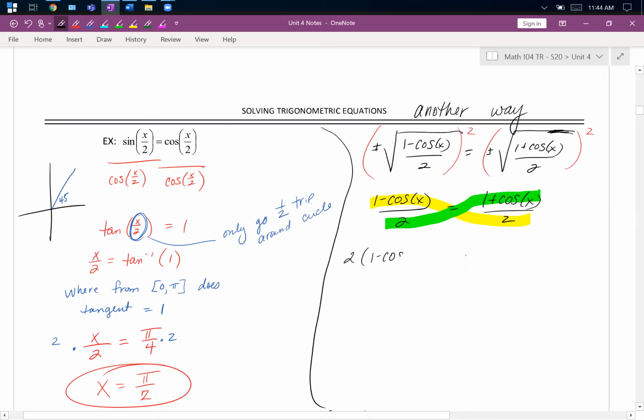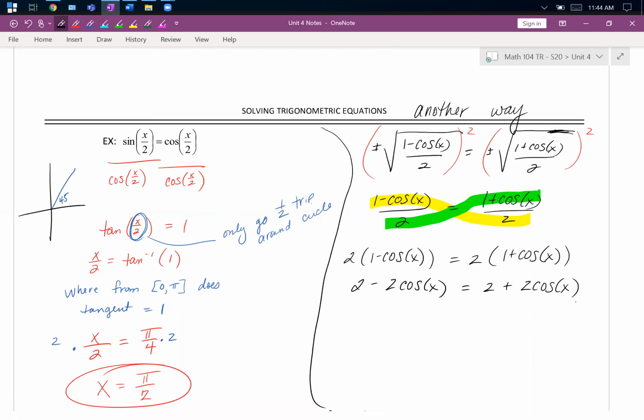Two times 1 minus cosine equals 2 times 1 plus cosine. 2 minus 2 cosine equals 2 plus 2 cosine. And now we're down to something that's nice. It's linear cosine of x. So let's get our cosines together and our constants together.